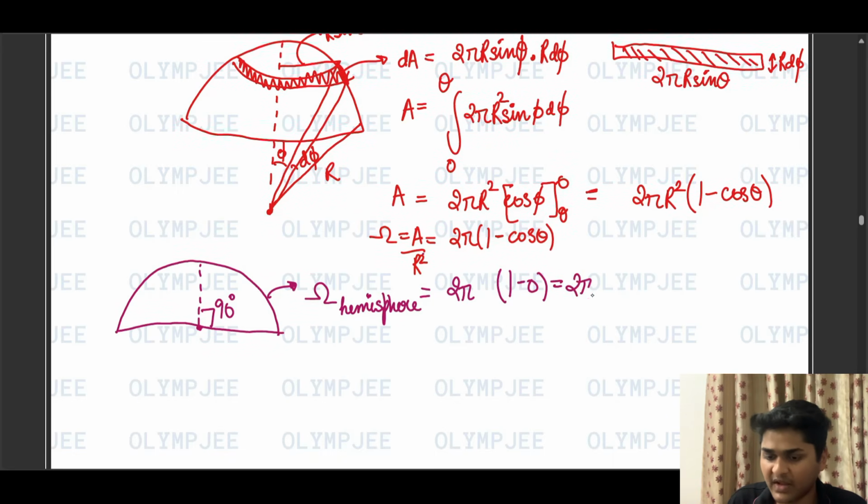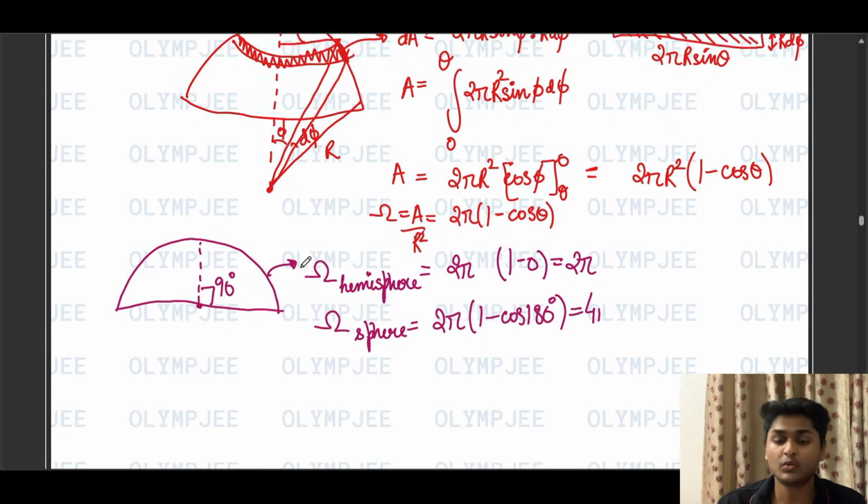So this is 2 pi. Similarly, the solid angle for sphere will become double of this, with half angle 180. So for sphere it will be 2 pi 1 minus cos 180, which will give us 4 pi.